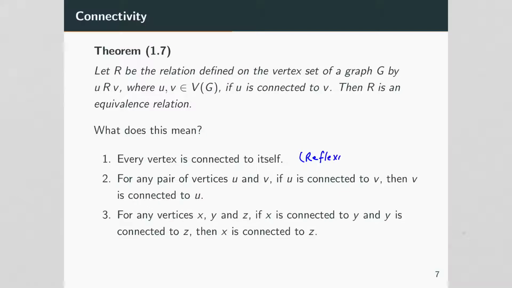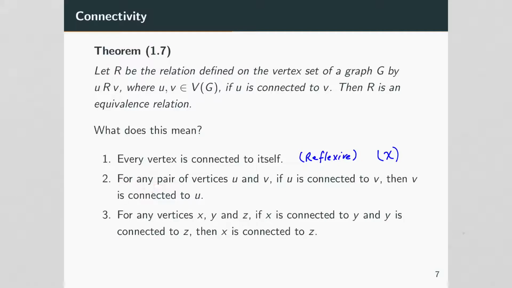For people who are familiar with equivalence relations, that's the reflexive property. Connected just means there's a walk or a path between two vertices, so trivially, for a vertex to be connected to itself, we've got a walk of length 0, or a trivial walk.